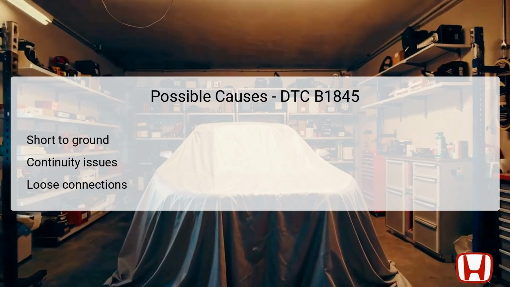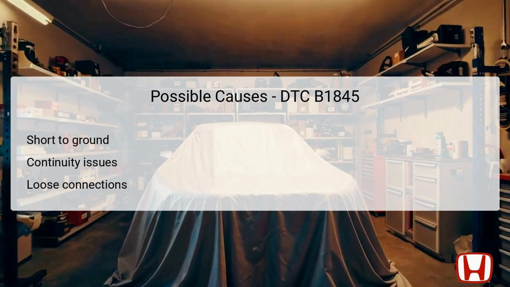When diagnosing DTC B1845, several possible causes should be considered. One common issue is a short to ground in the wiring, which can disrupt the flow of electricity necessary for the power seat recline function. A break in continuity between the components can also lead to malfunctions, as electrical signals may not properly reach the power seat adjustment switch.